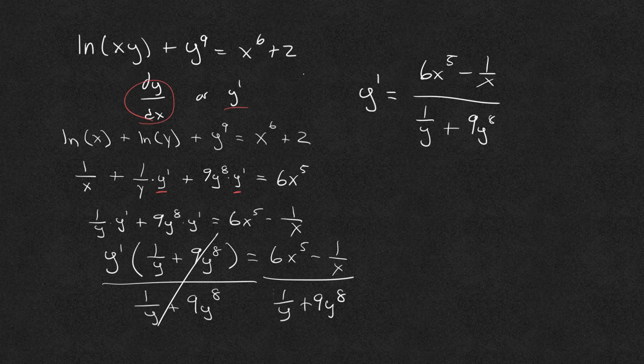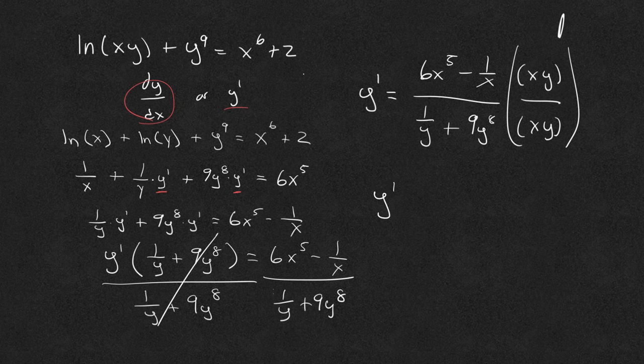And maybe we could stop there, but if we have a numerator and denominator both with a fraction, let's go ahead and rationalize, or whatever you want to call it, to get rid of those fractions. So I'm going to multiply the top and the bottom by x times y. And this is a legal math move, right? I'm just multiplying this by 1, so I can do that.